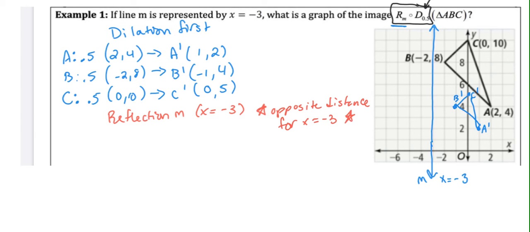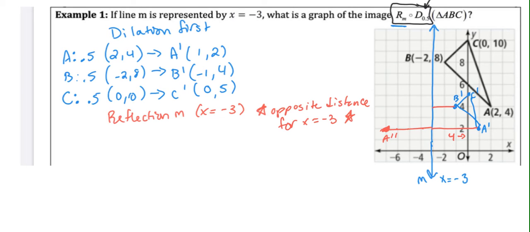So we can see A prime is 4 to the right. That means A double prime is going to be 4 to the left of that line. So 1, 2, 3, 4. So here's our A double prime.